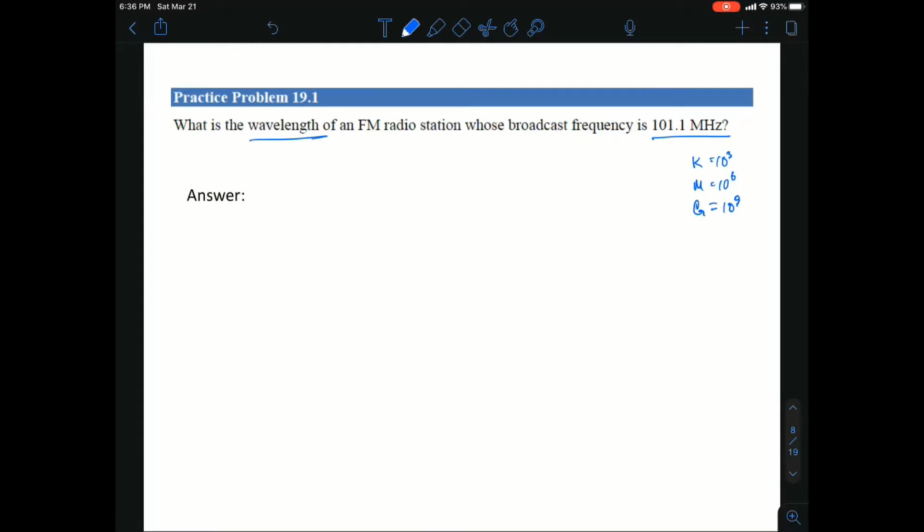Okay, so let's start by setting up our equation, and we know that speed of light equals lambda times frequency, or wavelength times frequency, and this is then going to be able to be changed around because we're looking for lambda. Isolate that, c over f.